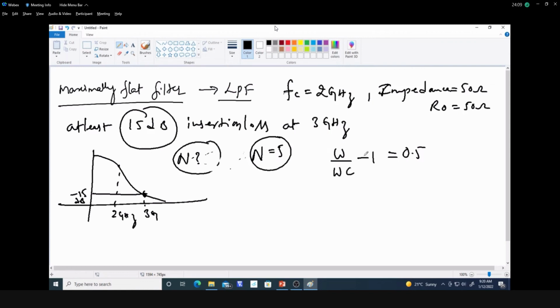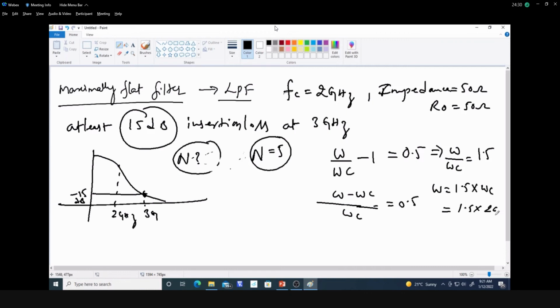Okay, so if I equate this, we get omega minus omega c divided by omega c equal to 0.5, or we can send it to this side. That gives omega by omega c equal to 1.5, and omega equal to 1.5 into omega c. My omega c is 2 gigahertz, so we get omega equal to 3 gigahertz.